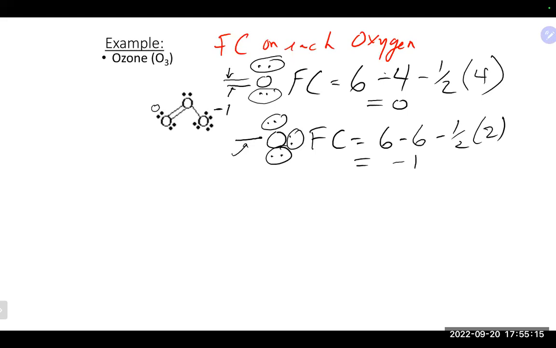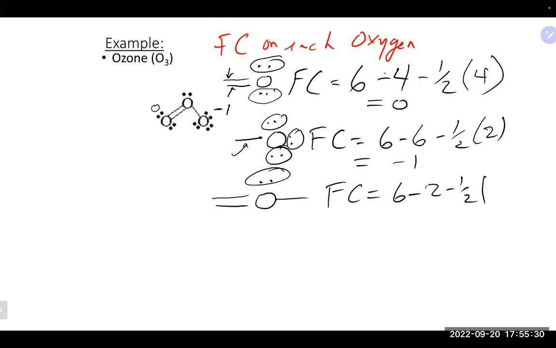And lastly, if we look at the oxygen in the center, which is a double bonded oxygen with a couple of dots and a single bond coming out the other side, the formal charge is 6 minus 2 non-bonding electrons, minus 1/2 of 6 bonding electrons. That's 6 minus 2, which is 4, minus 1/2 of 6, which is 3.